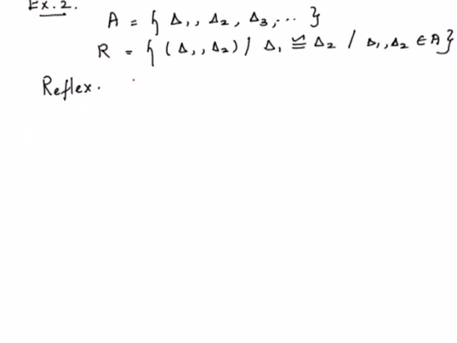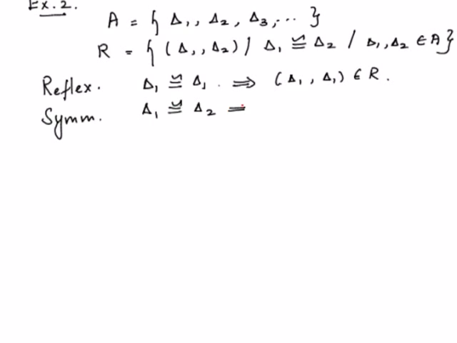So, can we discuss the situation? It is reflexive because delta 1 is congruent to delta 1 itself, which implies (delta 1, delta 1) belongs to R. Symmetric because delta 1 congruent to delta 2 implies delta 2 is congruent to delta 1.